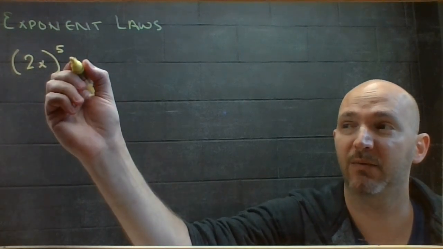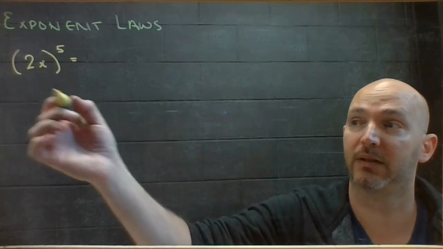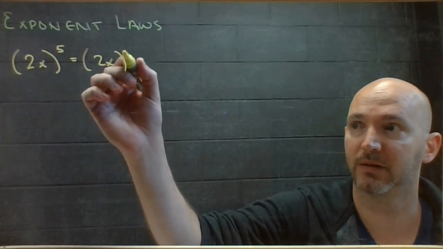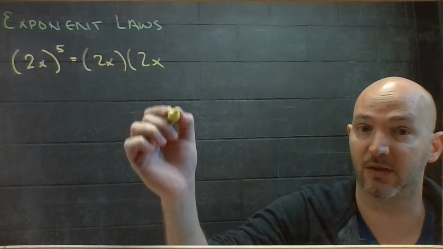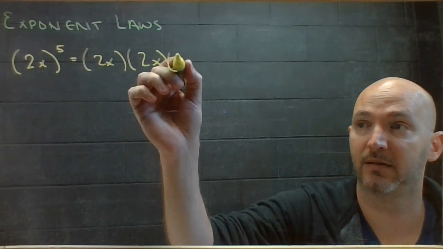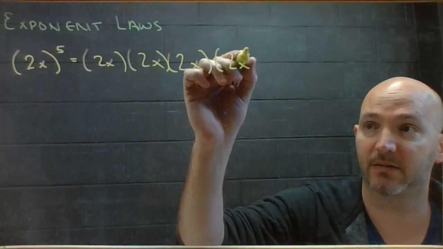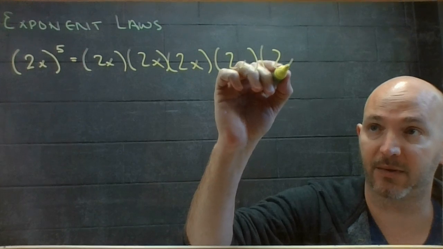So if I write this out the long way, I would have 2x, there's 1, there's twice, 3 times, 4 times, 5 times.